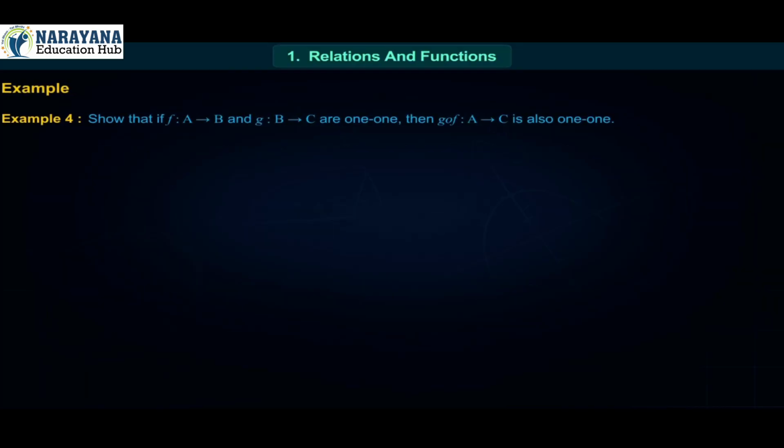Example 4. Show that if f from A to B and g from B to C are 1-1, then GOF from A to C is also 1-1.